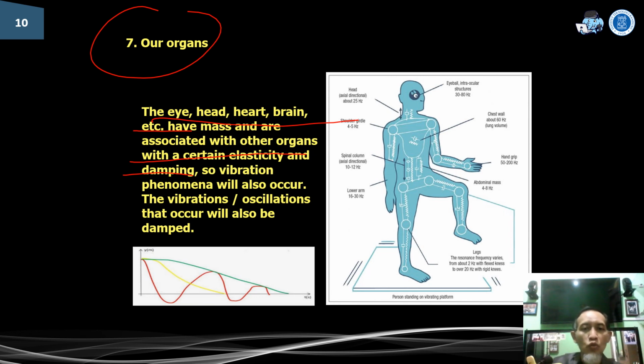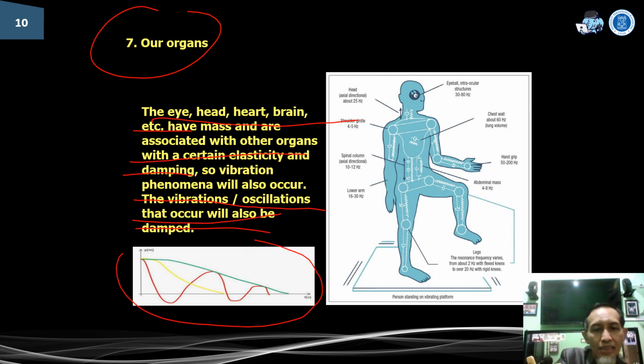So vibration phenomena will also occur. The vibration or oscillation that occurs will also be damped, like this. Damped, so the amplitude is decreased.